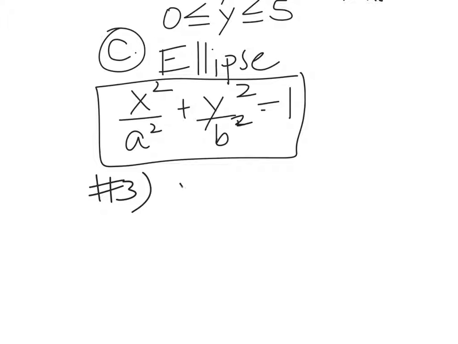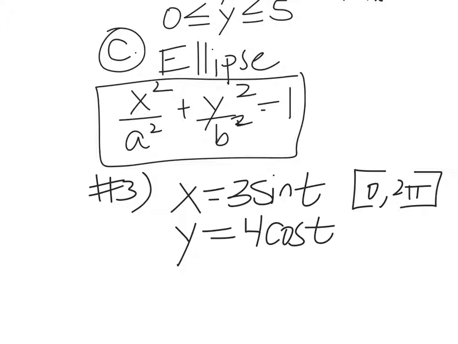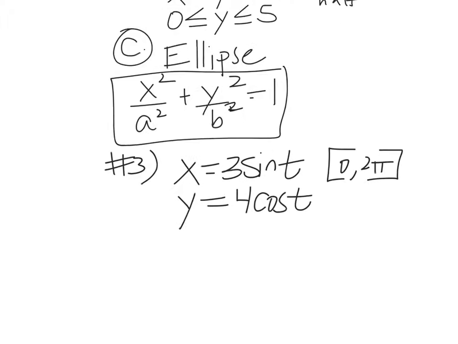So let's graph x equals 3 sine t. Sine and cosine, it doesn't matter which one's which. It really doesn't. It matters on the orientation, like which direction it's going. And y equals 4 cosine t, and let's say that t is from 0 to 2 pi. We're going to do a couple of things.